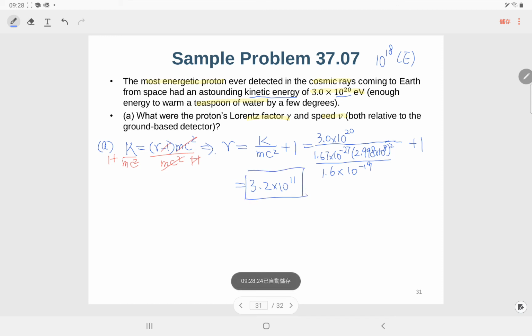So this is the Lorentz factor. And actually, if you use the equation gamma equals 1 over the square root of this one, you will calculate that V is actually C. V is actually C because you take the square and then inverse it.